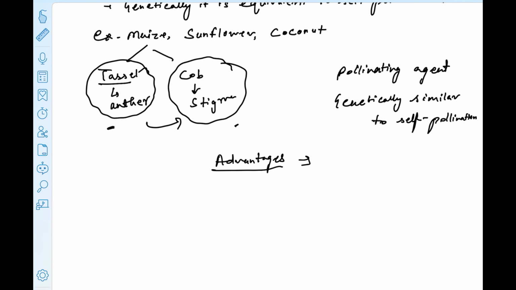So what are the advantages of geitonogamy? It ensures pollination when cross-pollination is limited. It also maintains the purity of the plant's genetic line and it increases seed set. How? More flowers on the same plant can be pollinated.